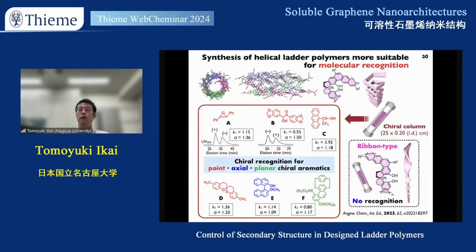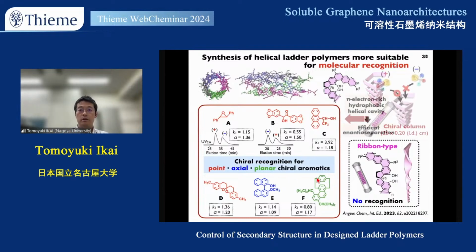Due to the time limitation, I cannot go into detail here, but we have also synthesized this tubular helix with a pi electron-rich helical cavity. We found that this polymer showed good chiral recognition for a variety of chiral aromatic compounds with point, axial, and planar chirality.